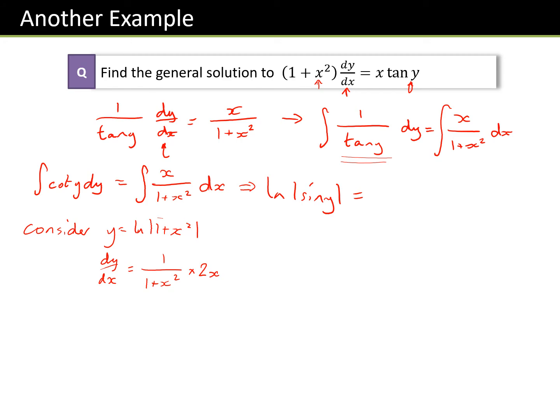Now compare it to the thing we're actually aiming for. It's 2 times as large, isn't it? So the actual integral is going to be half the size of the thing that we considered. Okay, and then remember our plus c.